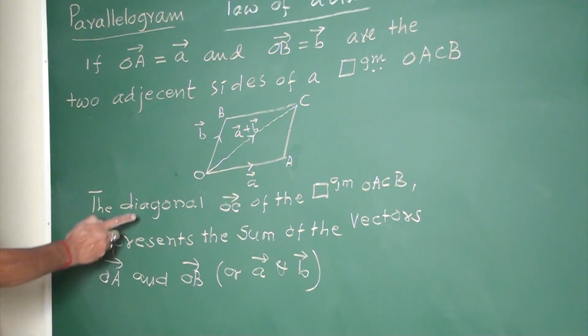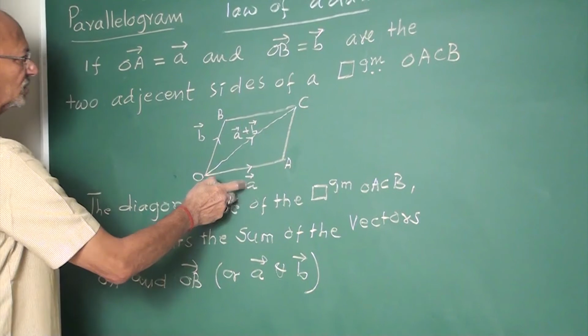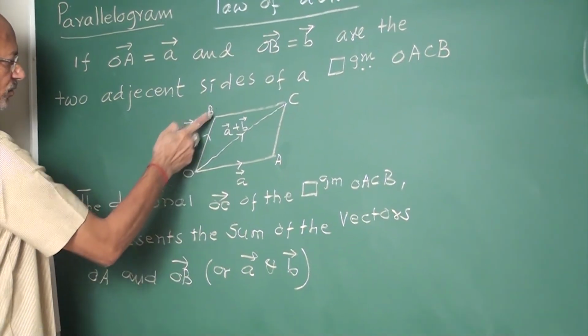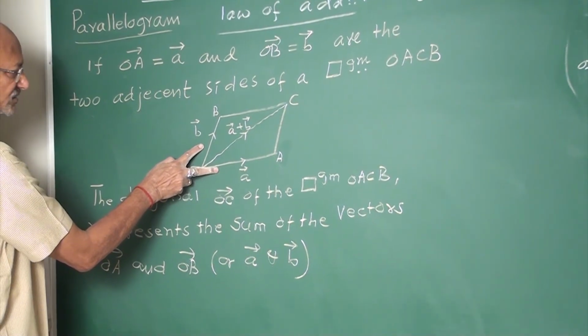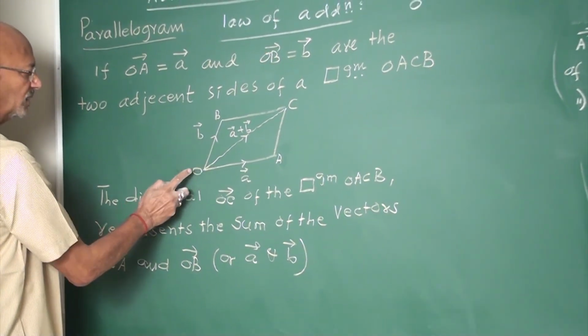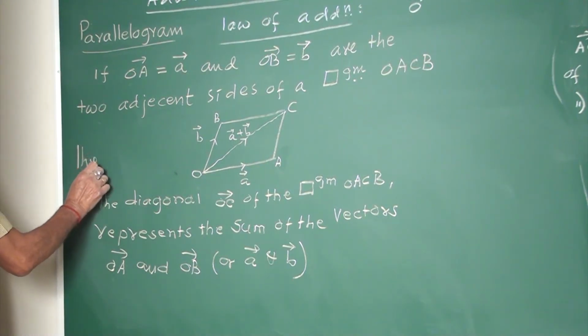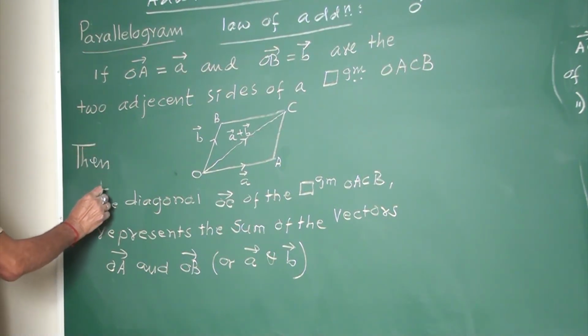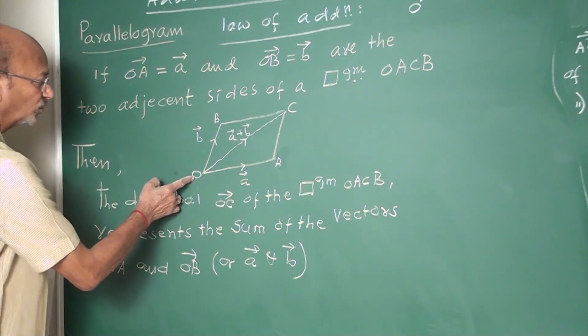Yes, my friends. If OA equal to A and OB equal to B are the two adjacent sides of a parallelogram OACB, then the diagonal OC, what is this OC?